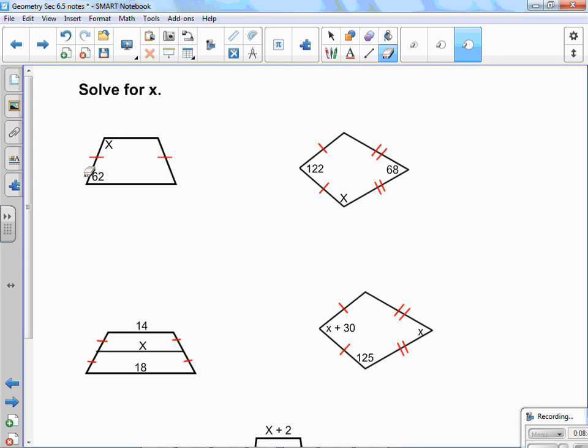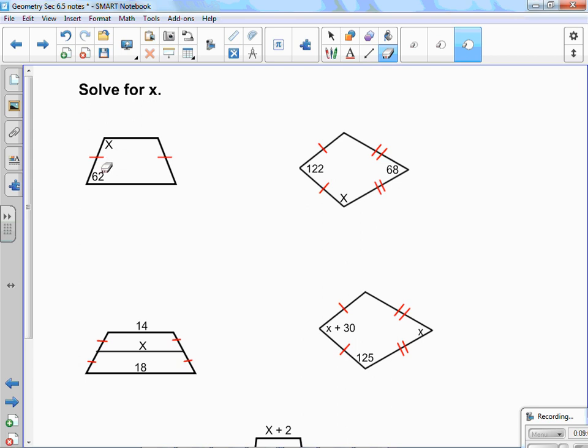So now we're going to do a little math with these trapezoids and kites. So starting off solving for x, we have a trapezoid here, which we've got two sides that are the same length, making that an isosceles trapezoid.